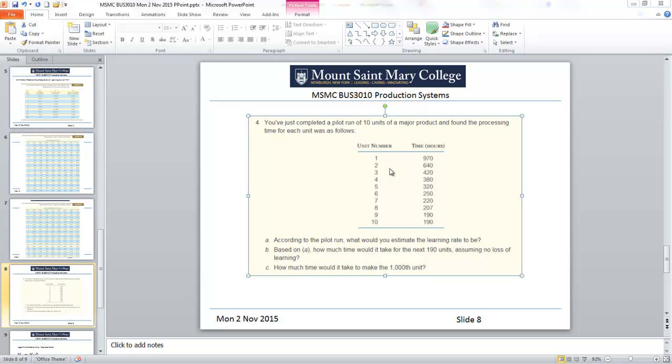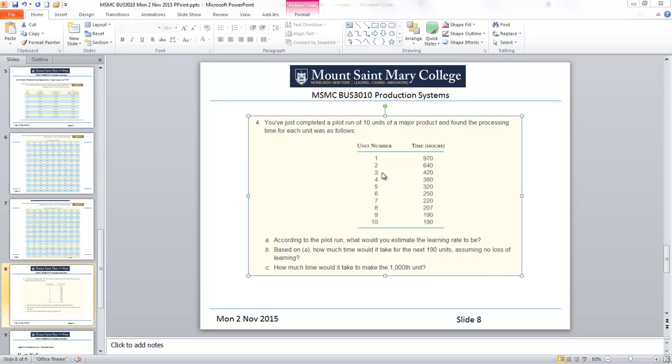So from 1 to 2, we'll calculate what the learning rate was over that span. We can look from 2 to 4. That's also a ratio of 2, a multiplication of twice the number of units. And if we multiply again by 2, we get 8. There's a couple other relationships in here to keep your eye on, because we have a couple other unit counts that represent a factor of 2.